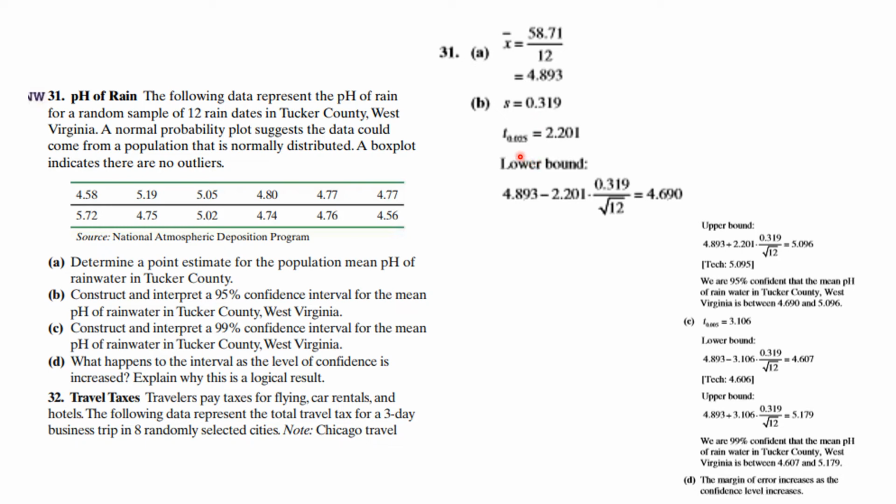I showed you on a previous slide that t at 0.025 is this number, so the lower bound is x bar minus that critical value times s over the square root of n. You get this as the lower bound. The upper bound similarly is going to be x bar plus that critical value times s over the square root of n. So you see that we're 95% confident that the mean is between this number as a lower bound and this number as an upper bound.